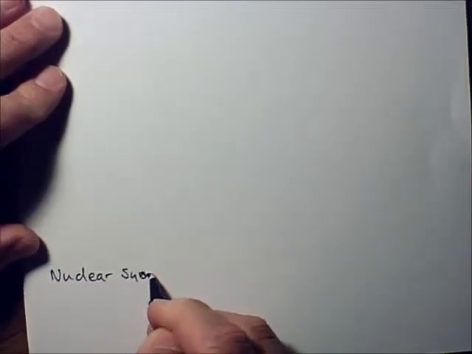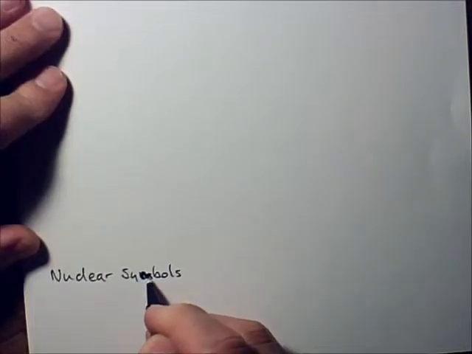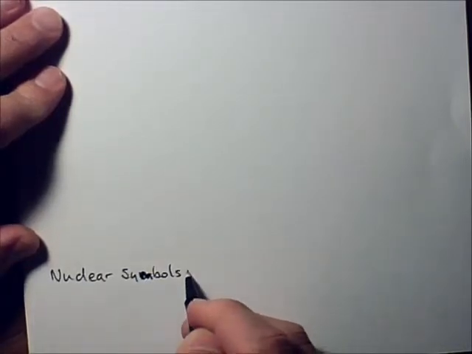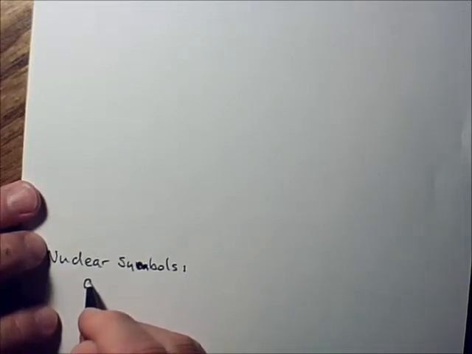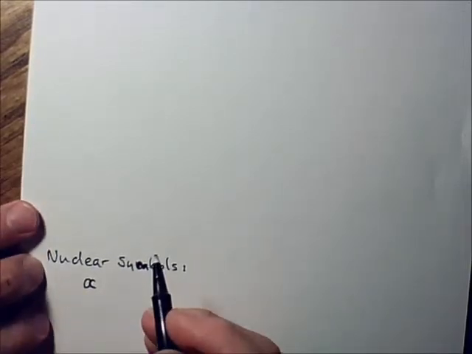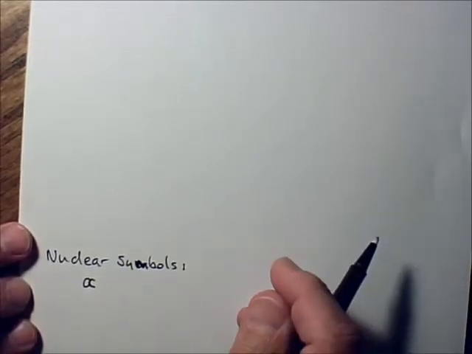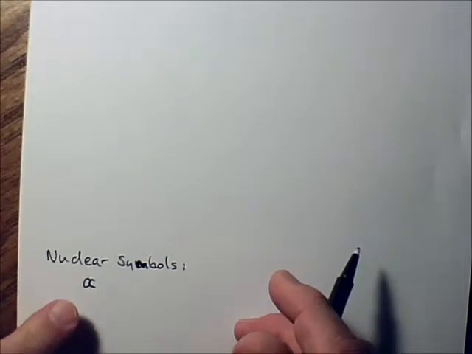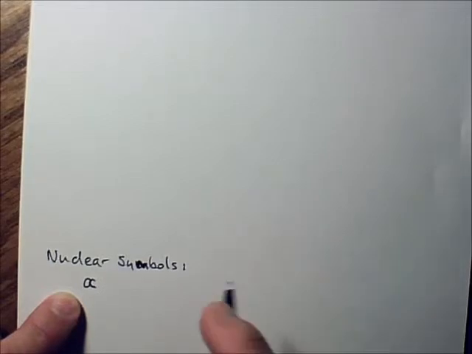Nuclear symbols. Okay, that's supposed to be an M right there, sorry. So, alpha's our Greek letter A with a little loop on the top, a little swoosh. But our mass always goes upper left. The atomic mass or nuclear mass always goes upper left.